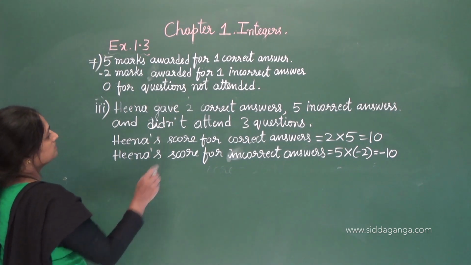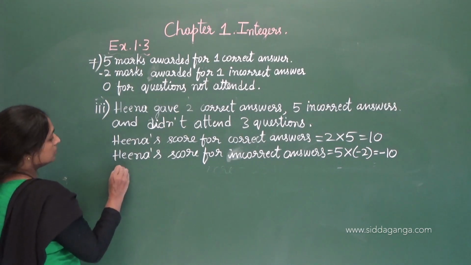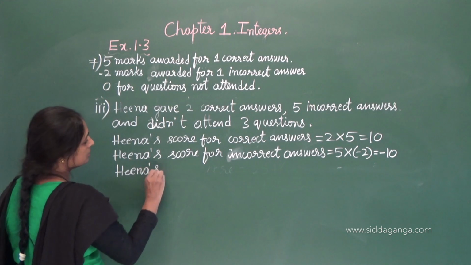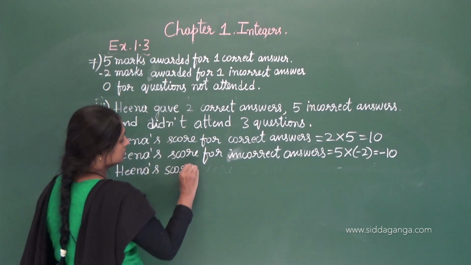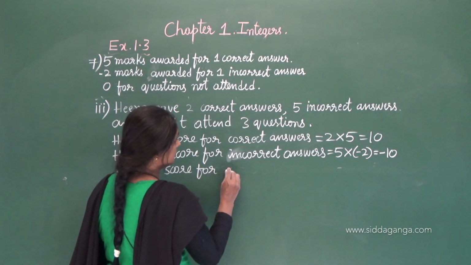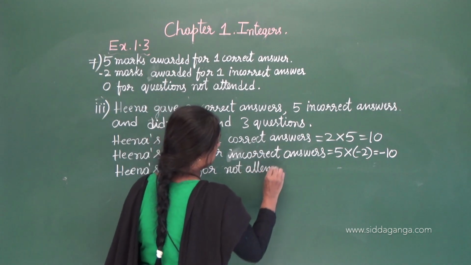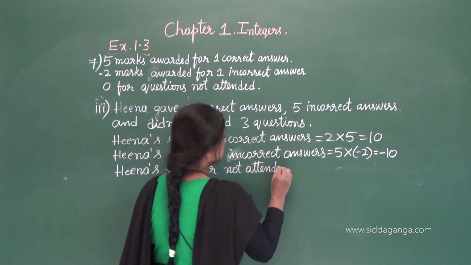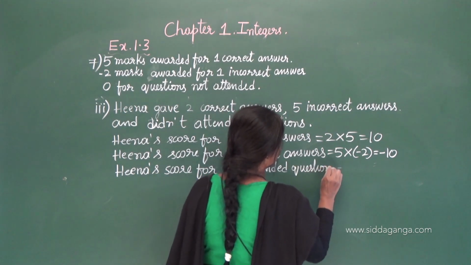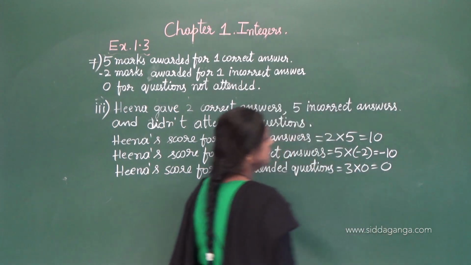Okay. Then Hina's score for not attended questions is equal to 3 into 0, that is equal to 0.